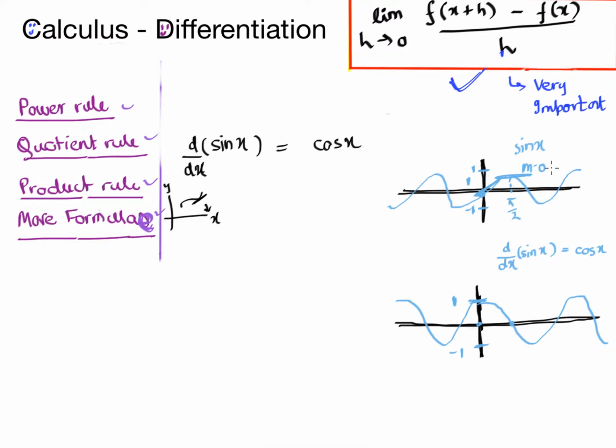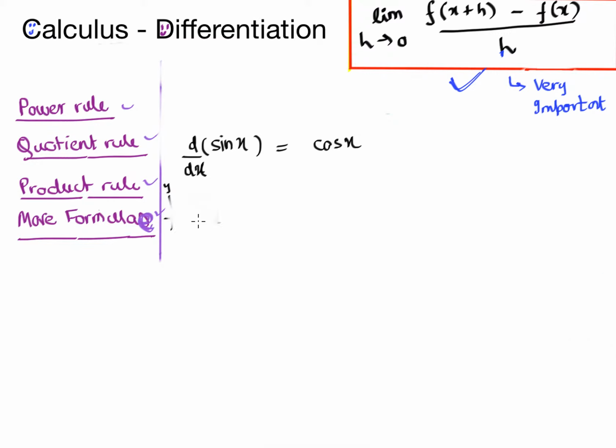Slope m is equal to 0 at pi by 2. And so at pi by 2 over here, we have the value as 0. Because this is cos x and this is sin x, and they're related by d by dx of sin x is equal to cos x. So whatever the slope of sin x is at each value of x, that is the value of the cos x graph at each point of x. That's what it actually means. Alright, so let's move on. That's d by dx of sin x is equal to cos x.